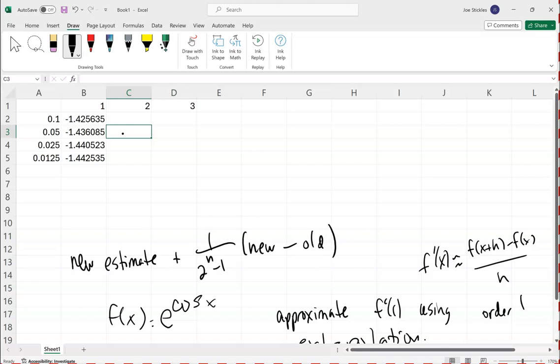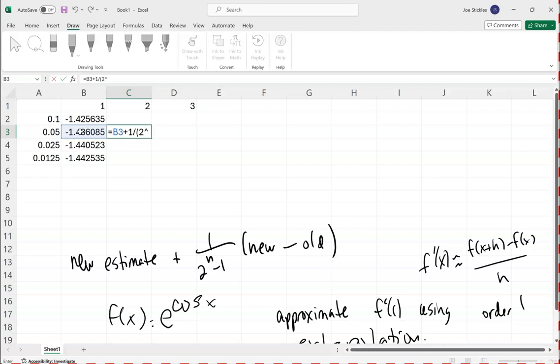Okay. So in this one, the new estimate is the one that's right next door, right? That's the one where we have the value. So B3 plus 1 over the denominator here should be 2 to the order of the previous approximation, and this is why I typed the numbers in at the top.